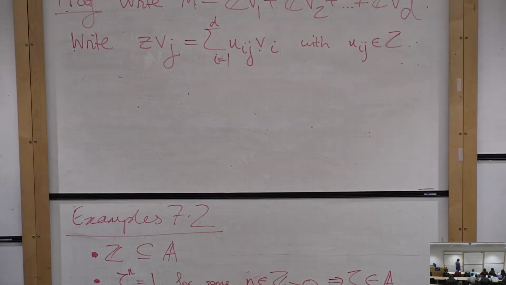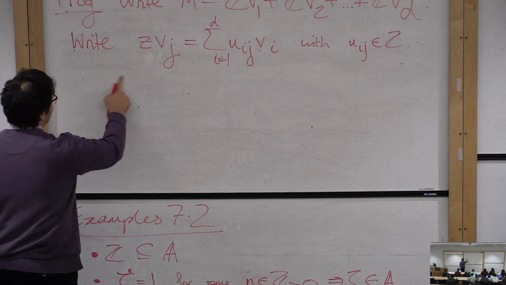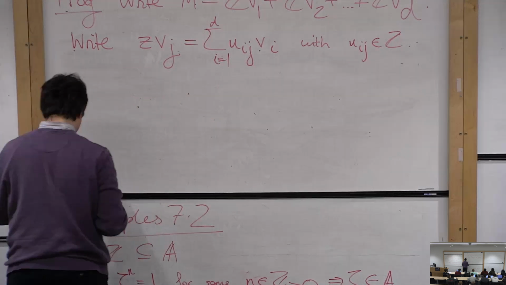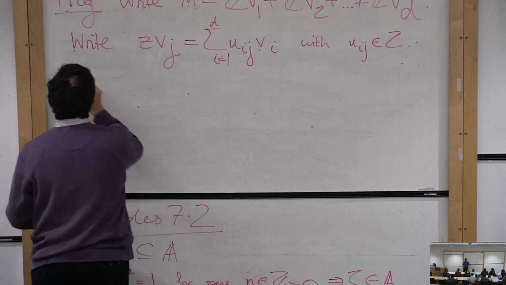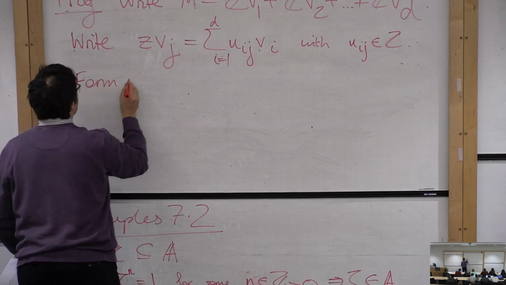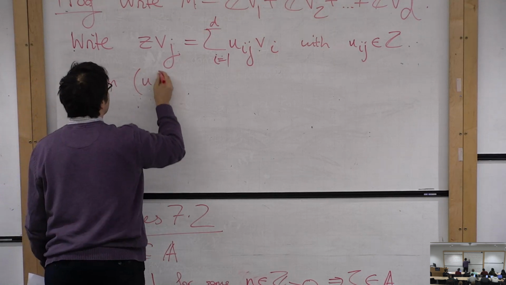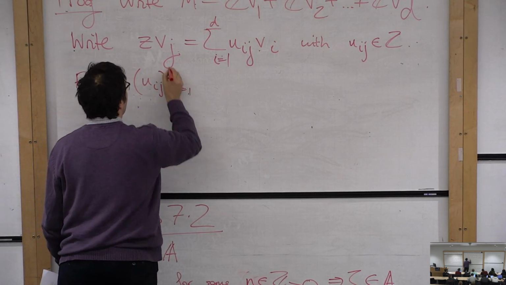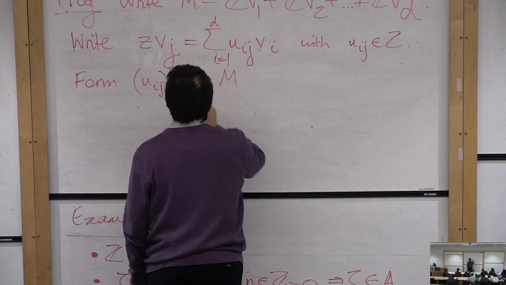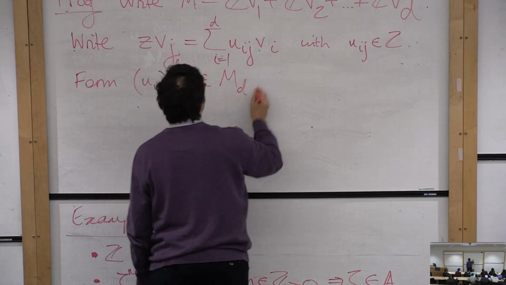And now we'll forget about numbers and just do a bit of linear algebra. And so, if you now think about what this matrix is doing, just consider this matrix. It's a d by d matrix with entries in Z.